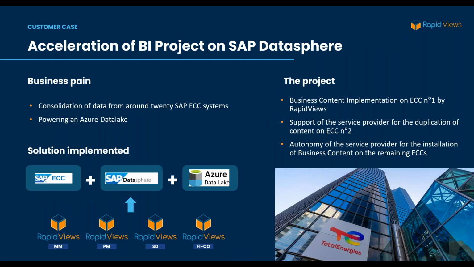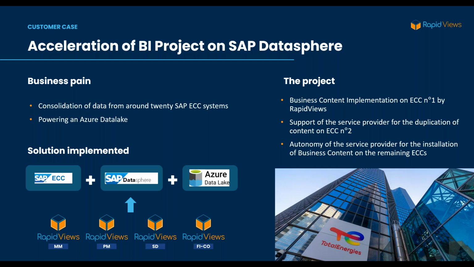Total Energy, which is the huge French petroleum company, is different. They've got something like 10 different S/4HANA systems. They extract information from these S/4HANA ERPs to SAP DataSphere. On SAP DataSphere, they are using our business content as the foundation of this data warehouse concept, to have a uniform foundation for this data mart.